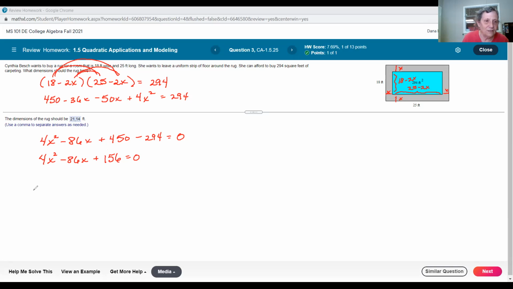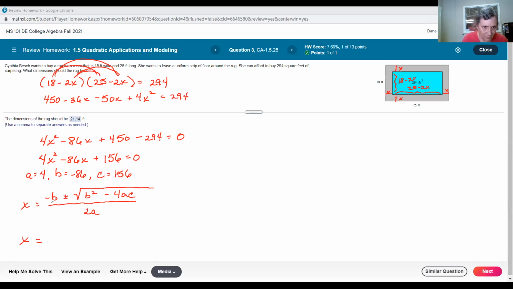Rather than try to factor this, let's just go straight to the quadratic formula. We're going to have a is 4, b is a negative 86, c is a positive 156. x is negative b, plus or minus the square root of b squared minus 4ac, all over 2a. So we'll start with a negative 86, which would be a positive 86. The negative b always causes the b to change sign.